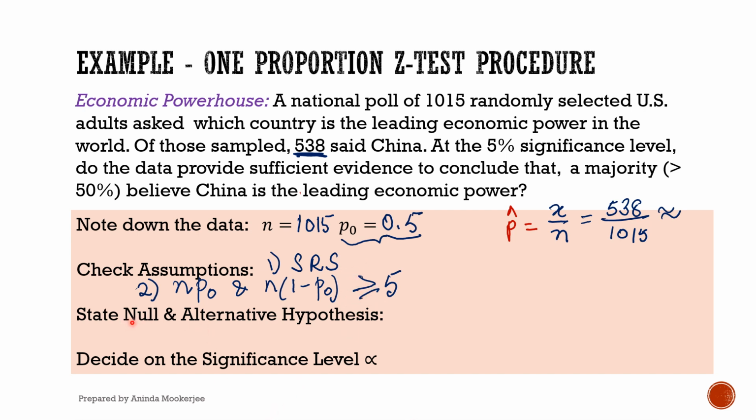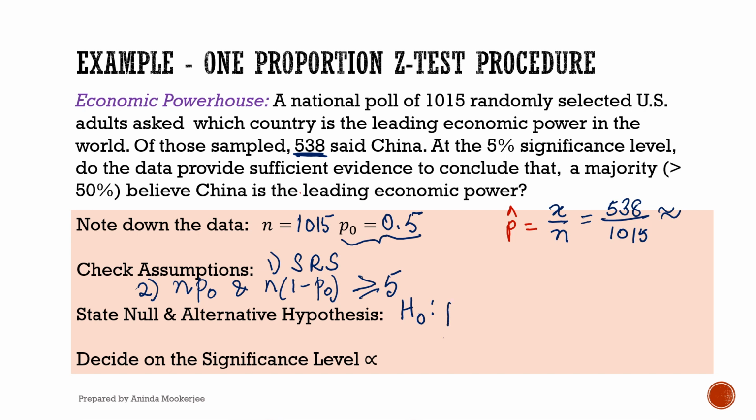Next it says state null and alternate hypothesis. So your null hypothesis should be written as H sub 0 colon, not mu, but P. P without the hat, because it has to be stated in terms of parameters, population metrics.